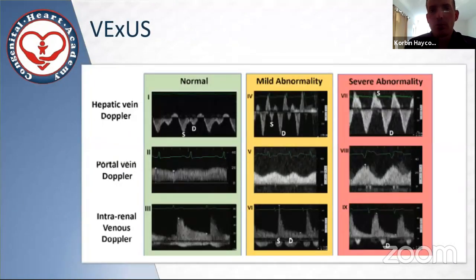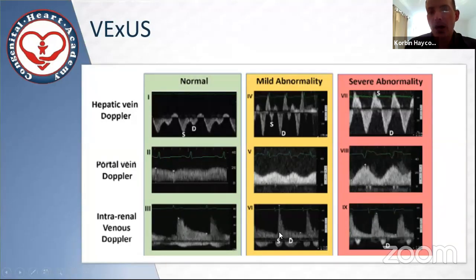So what do we mean by normal, mild abnormality, and severe abnormality? For the hepatic vein Doppler, S greater than D is normal, S less than D is mildly abnormal, and S wave reversal is a severe abnormality. For the portal vein, a mild abnormality is 30 to 50% pulsatility, and a severe abnormality is more than 50%, or biphasic if it drops below the baseline.